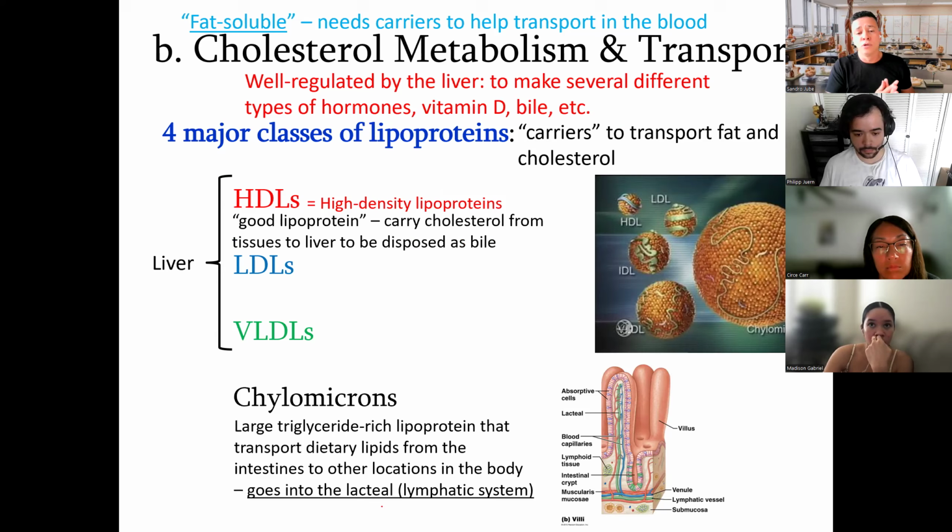Why are they called good? They are called good because they take cholesterol from the tissue and send it to the liver so the liver can get rid of the cholesterol as bile. So basically, HDL helps with the removal of cholesterol from the body by transporting it to the liver.